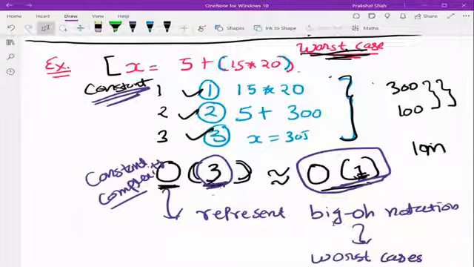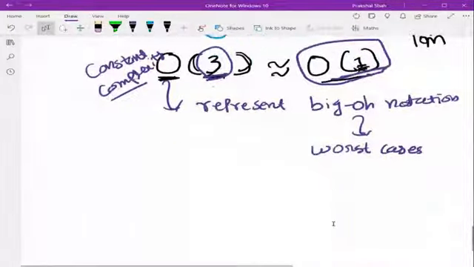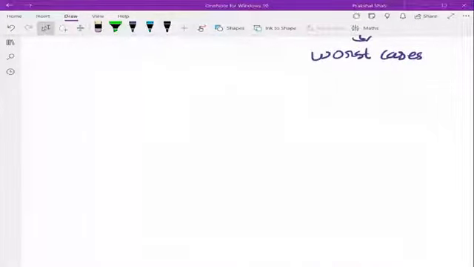Now, the second thing that I want to emphasize here is that see here it was three steps, so it is not dependent on any input n. No matter what input n I'm passing, in every machine it will be taking three steps only. Yes or no?